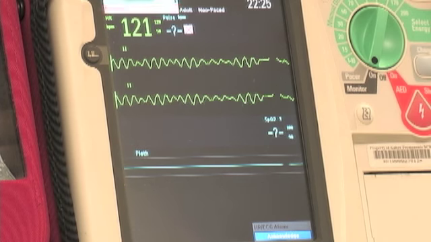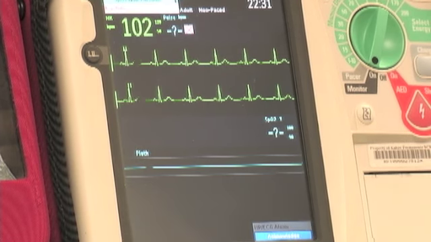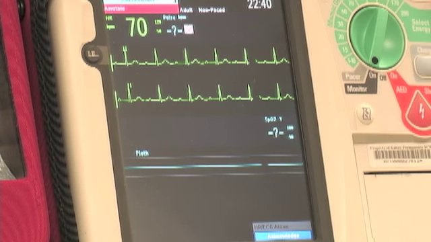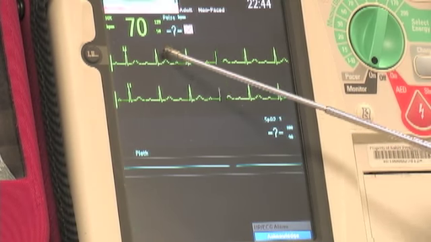All right, we're going to slow down here. We're going to go to something a little slower. Okay, so we're back to normal rate of 70, narrow QRS complexes.